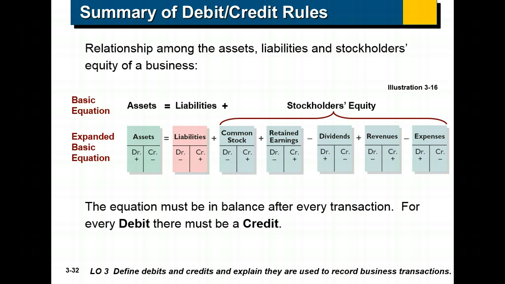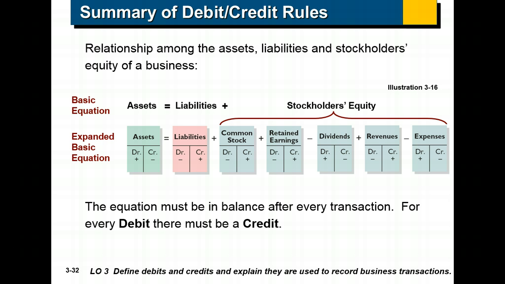So, the relationship among the assets, liabilities, and stockholders' equity of a business: the assets have a normal debit balance. Do you see how the liabilities have a normal credit balance? Common stock has a normal credit balance.